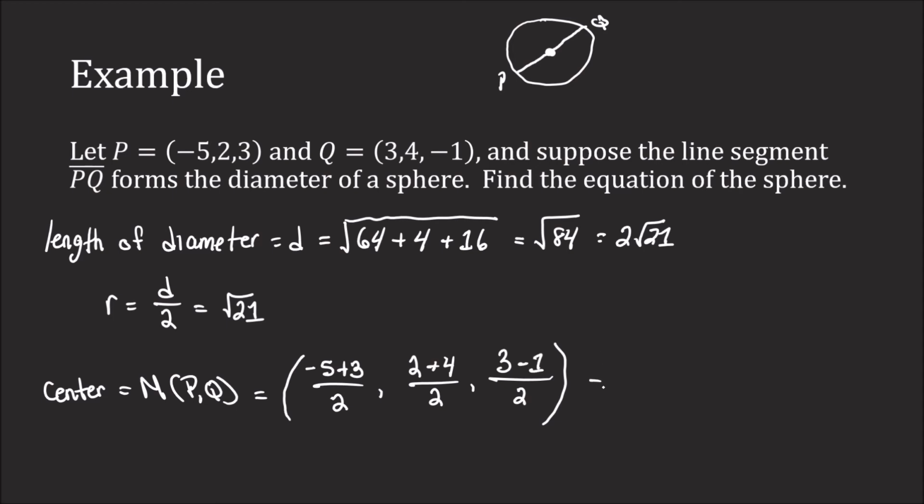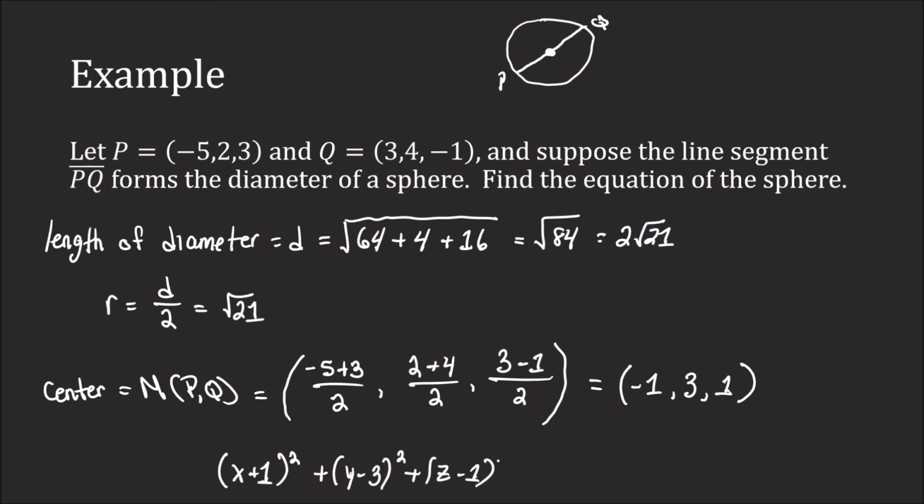So the center is (-1, 3, 1). So our equation would be (x+1)² + (y-3)² + (z-1)² = 21.